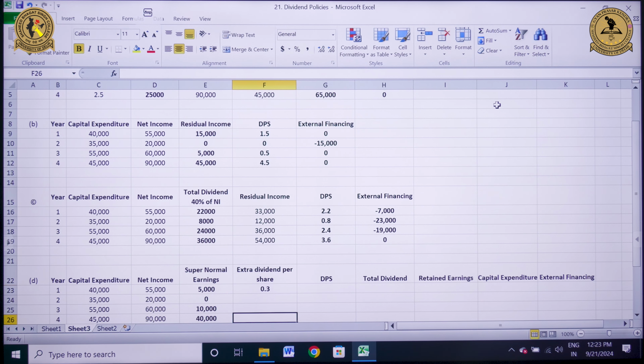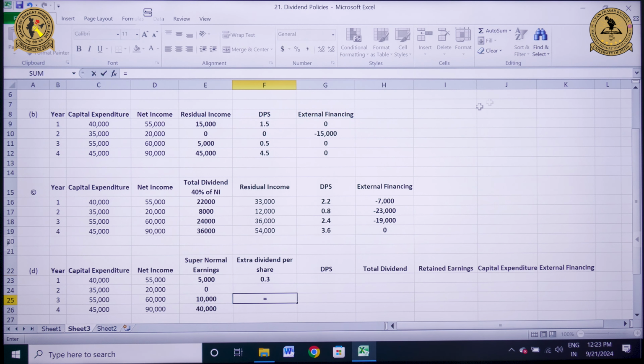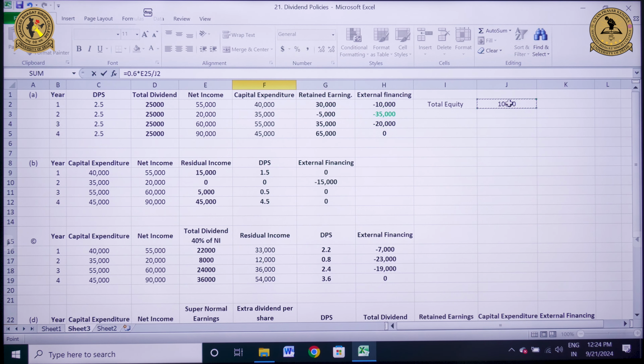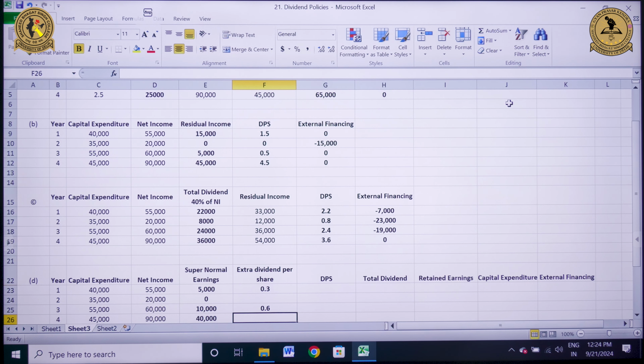It comes out to be 0.3. Similarly, in year 3 it will be 0.6 multiplied by 10,000 divided by 10,000. It comes out to be 0.6, and at last in year 4 it will be 0.6 multiplied by 40,000 divided by 10,000.